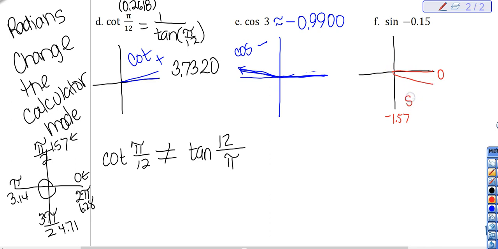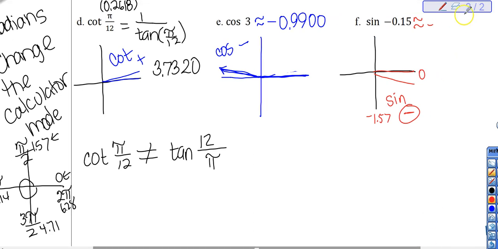And what do we know about sine in quadrant 4? It's negative. So that means my answer should be negative. Plug it into your calculator. Sine of negative 0.15. Negative 0.1494. And this is what I'm asking you to do for homework or for your assignment today.